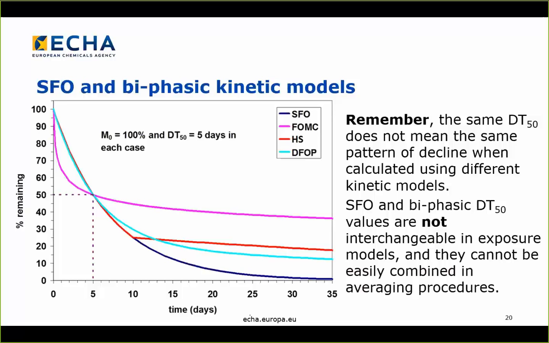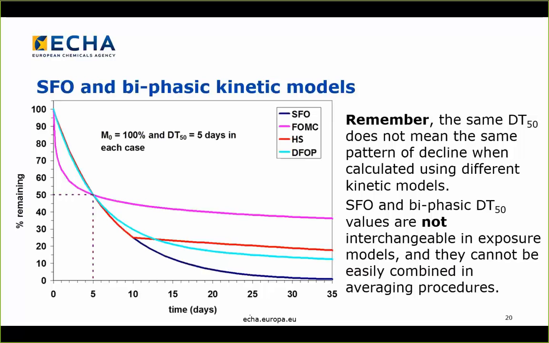In this example, the M0 parameter, which is common to all those four models, is 100% in each case, and in each case, they all have a DT50 of 5 days. The really important thing to remember is that the same DT50 does not mean the same pattern of decline when calculated using different kinetic models. So even though they all have the same DT50 and they all start with the same amount of mass, the same DT50 does not mean the same pattern.